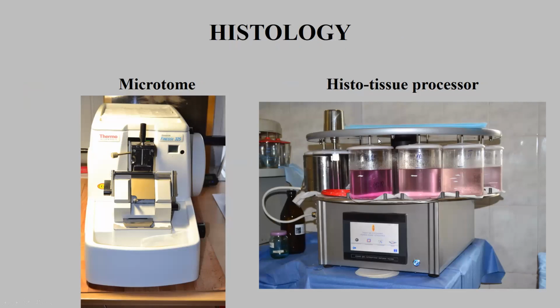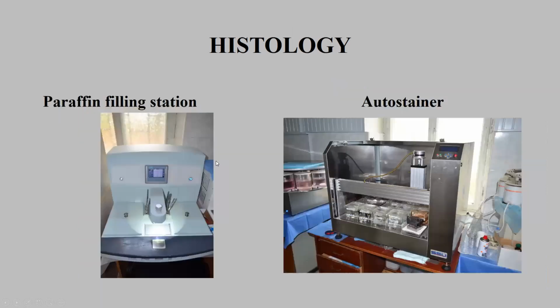The tissue is processed in a histotissue processor in different liquids, starting from xylene, then different ethanols for dehydration, and at the last stage paraffin wax, making paraffin blocks. We cut these blocks on the microtome and prepare microslides, after staining, of course.